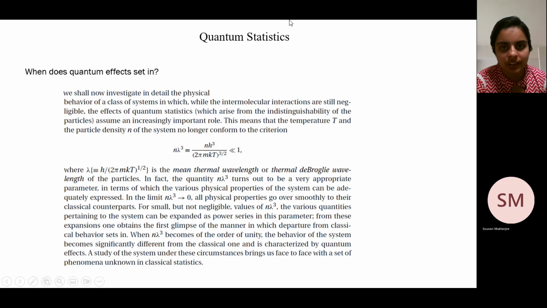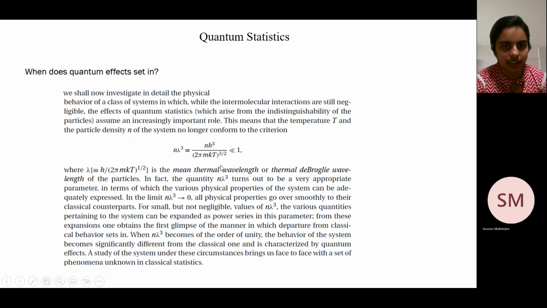That depends on the temperature and the particle density. When a system is at a high temperature, or when the density of particles is small, it behaves classically, which means n lambda cube is much less than 1.